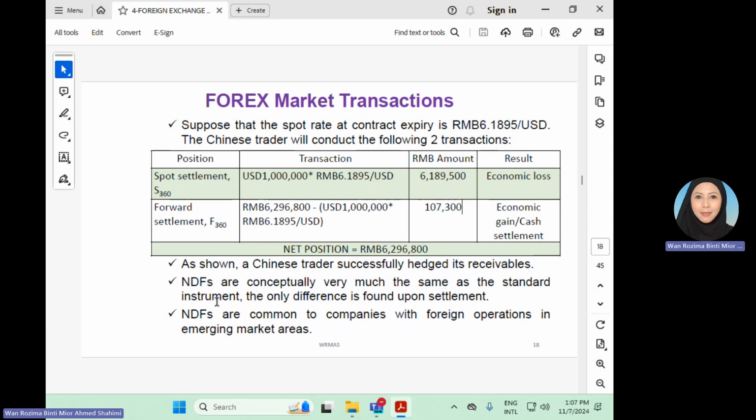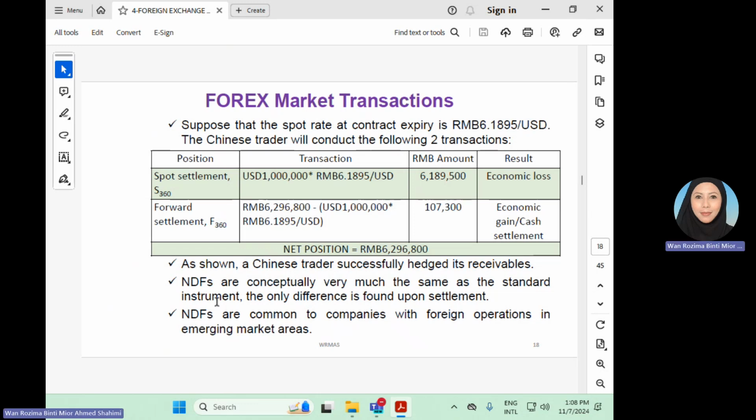For NDF, we account for the difference, as I mentioned just now, between the spot at maturity and the NDF rate, which is settled by cash. Meanwhile, a forward physically delivers the currency at the forward rate.